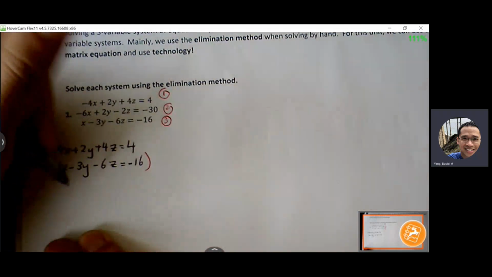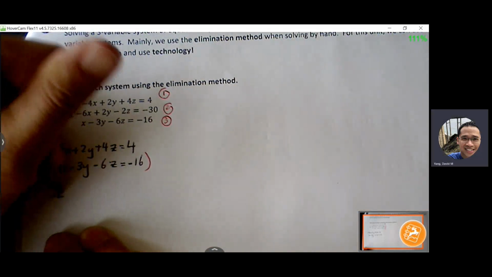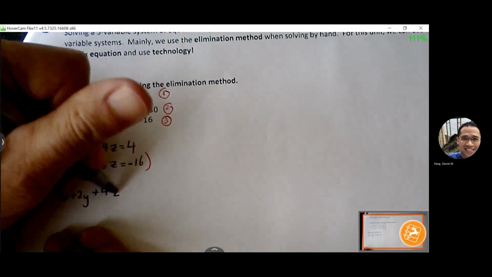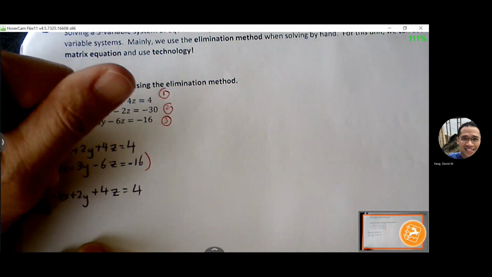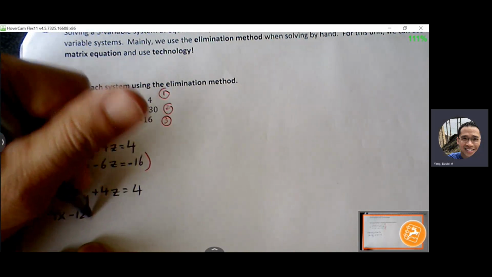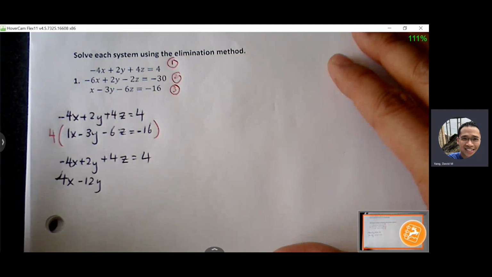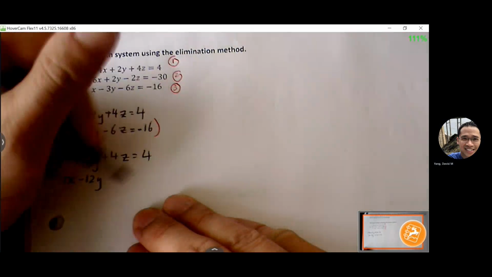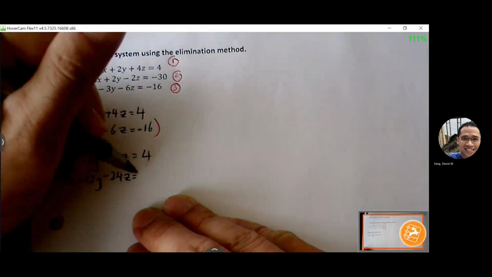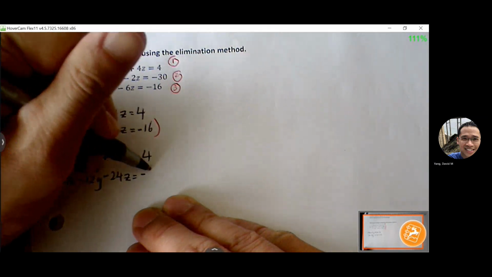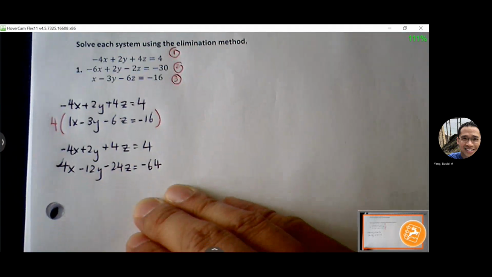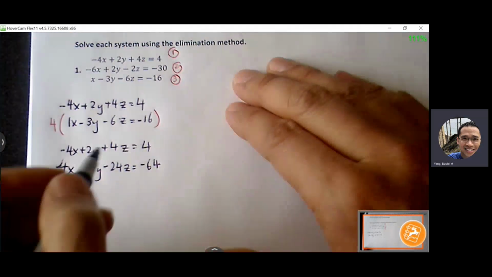So I'm going to recopy everything here. Just going to distribute the 4 through the second equation. Okay. All right.